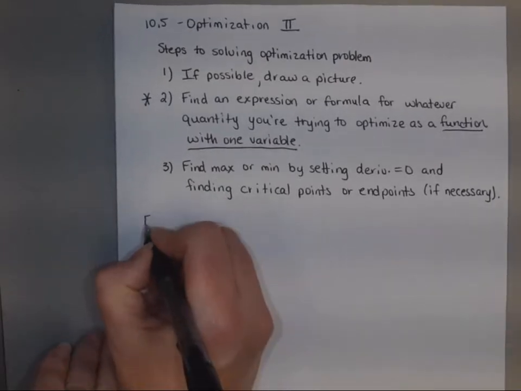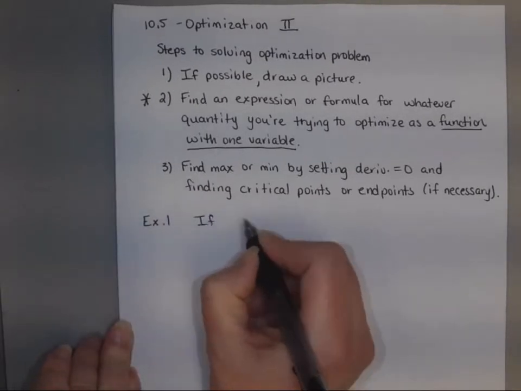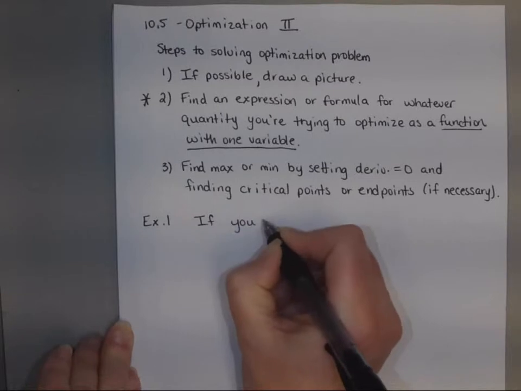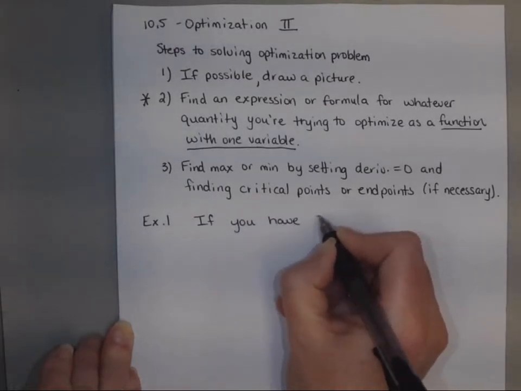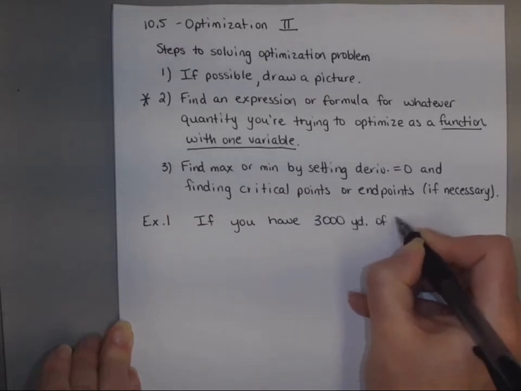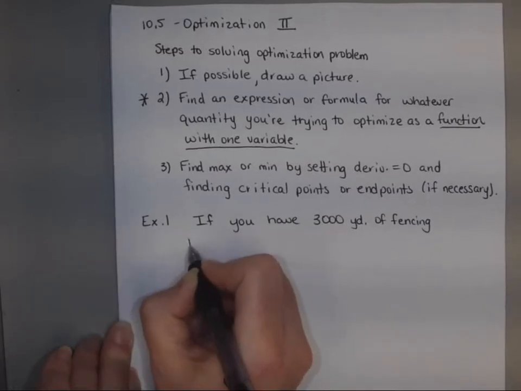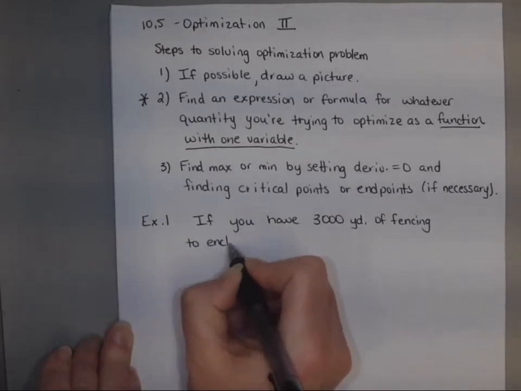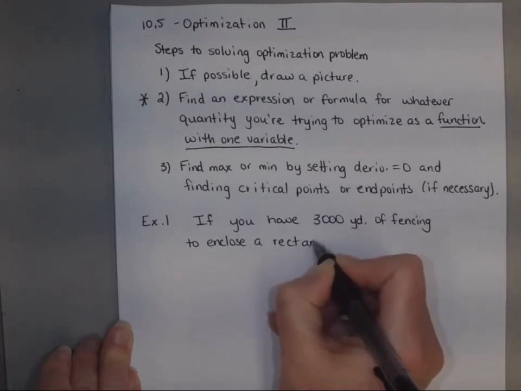Okay, so let's practice a few of these. That's really going to be mostly what we do today, is just tackle some problems and see if we can come up with the equations for them. So let's say that you have 3,000 yards of fencing to enclose a rectangular piece of land.